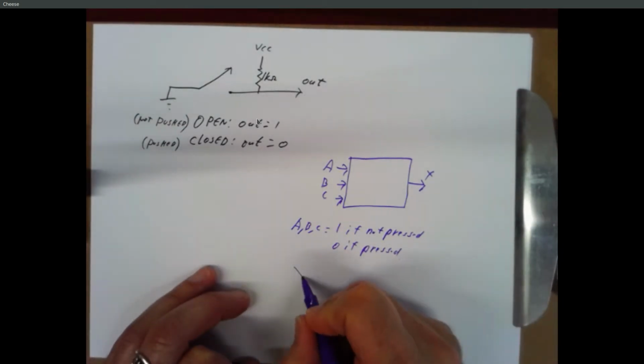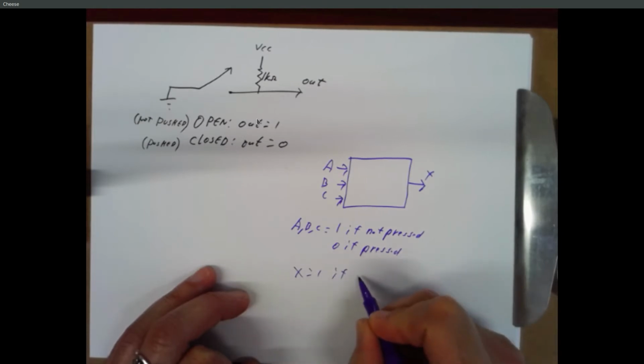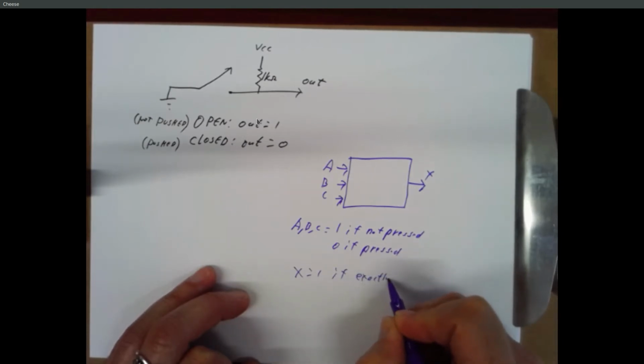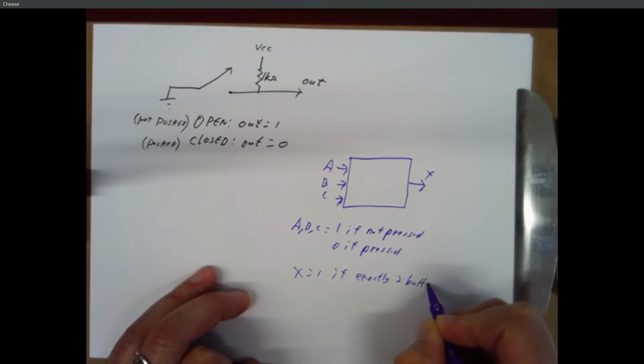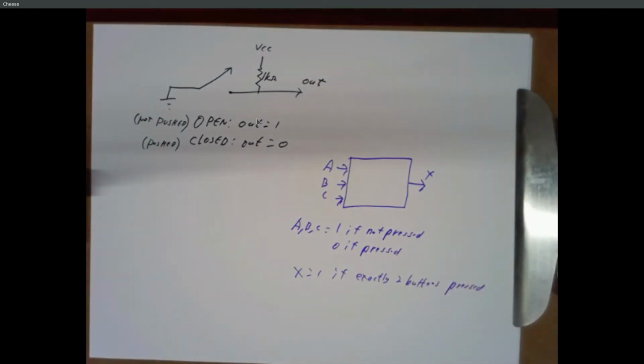And for X, you could say X equals 1 if exactly 2 buttons pressed. The important thing here is there's 3 inputs and there's 1 output. And I'm calling my inputs A, B, C, and my output X. You could call them whatever you want. But I'm going to write a truth table that uses those same variables.